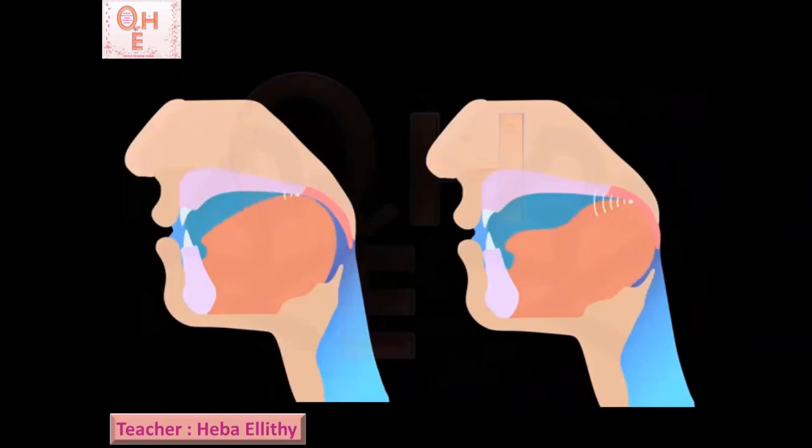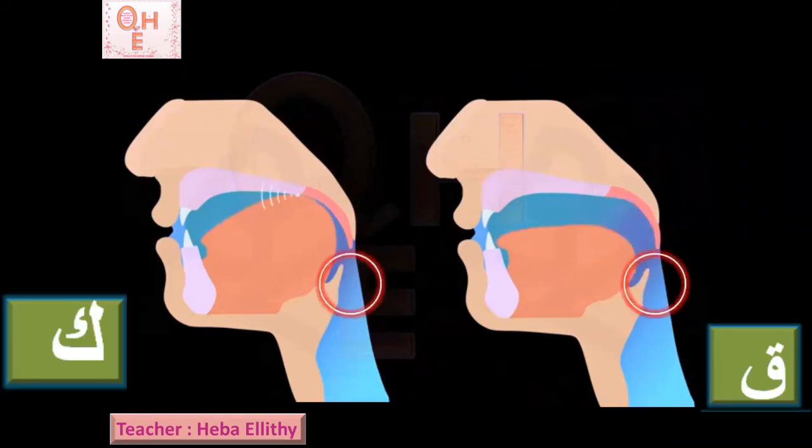Number two, for letter qaf, the area here becomes closer than the area here when you sound letter kaf, and this is the area of eblagot. So if you sound it here, it's letter qaf, it's very tight here, but it's very open here. So this is another difference.